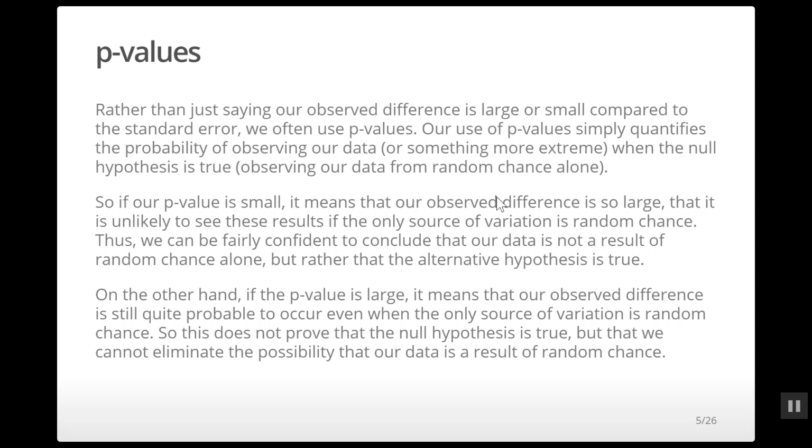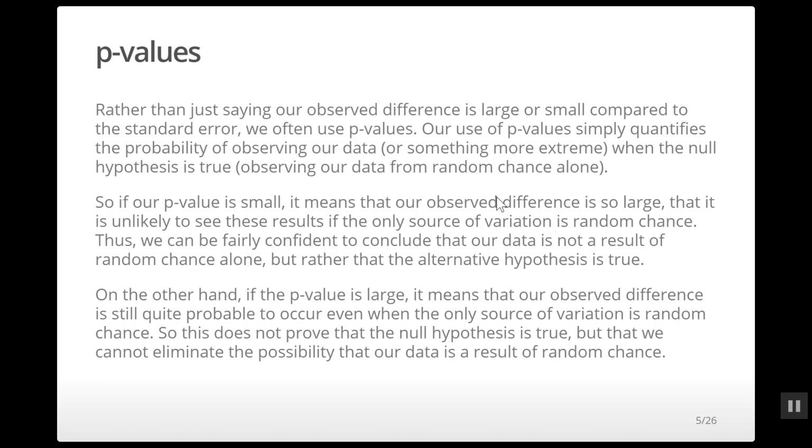All right. So at the end of the day, if our p-value is tiny, that means the difference we observed is so large, it is very, very, very unlikely to happen if the only source of variation is random chance.